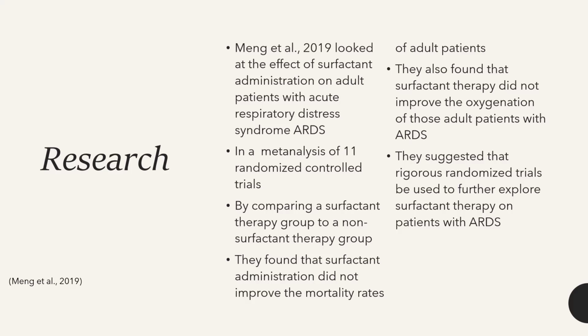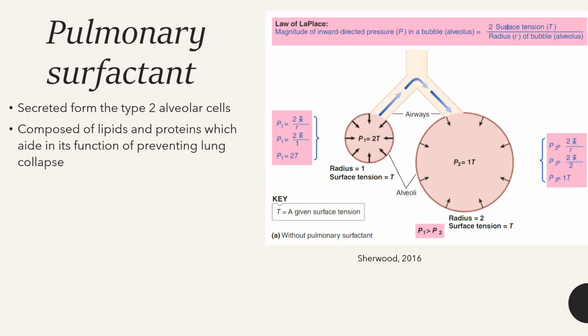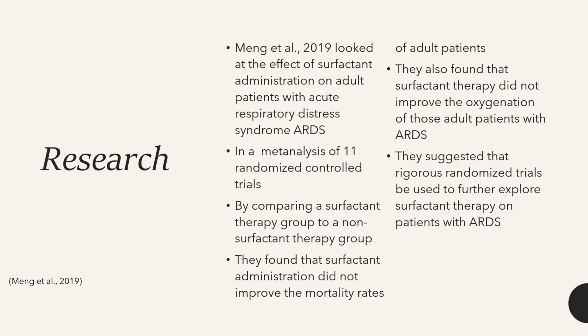They did not find that there was an improvement of oxygenation in these patients with acute respiratory distress syndrome, which is surprising because, as we learned from these pictures, surfactant works to decrease the effects of fluid in the alveoli. Here, the mortality rates of those patients who had surfactant therapy versus those who did not was not significant.